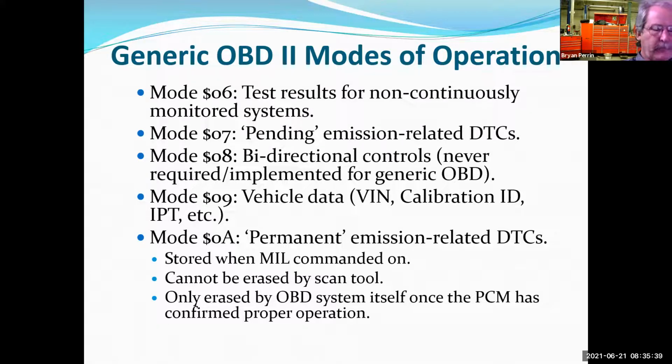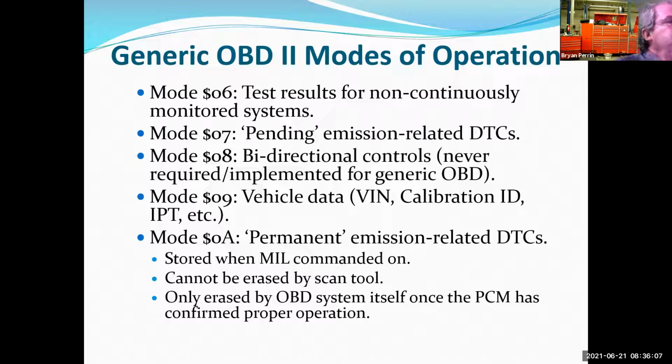And this can do a couple things. It can help me develop a diagnostic plan. It can also help me verify that I've repaired the vehicle. Because if I do a repair, go run the self-test again, look at the new results, I can see that the new results are much better than the old results, and yes, I did fix the vehicle.